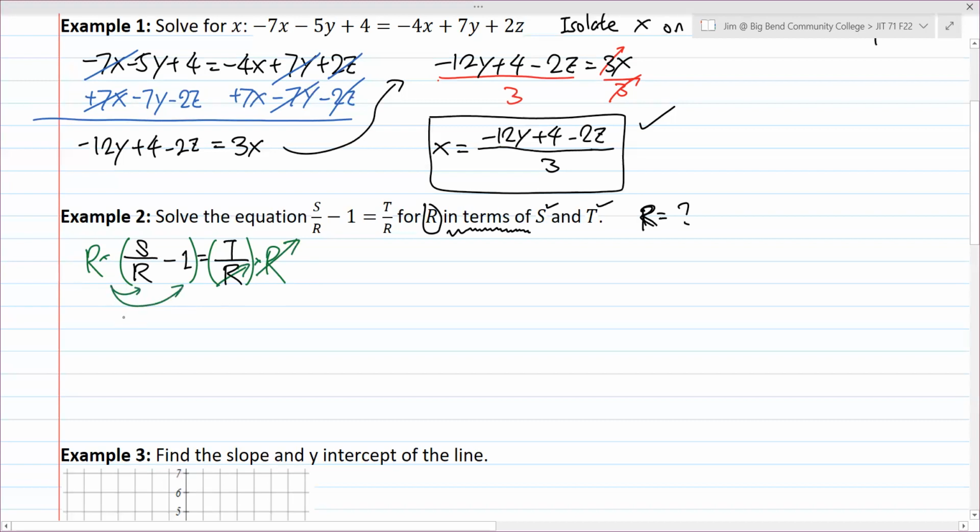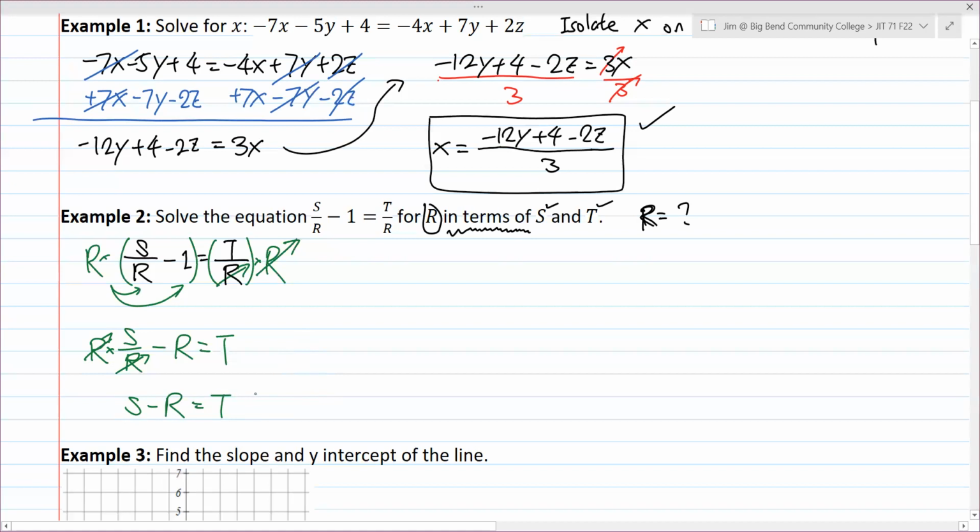You expand the left-hand side term, then you end up having r times s over r minus r equals t. So now this is when you see that r's are divided out on the first term, right? If you expand the left-hand side, you get s minus r, which equals t, right?